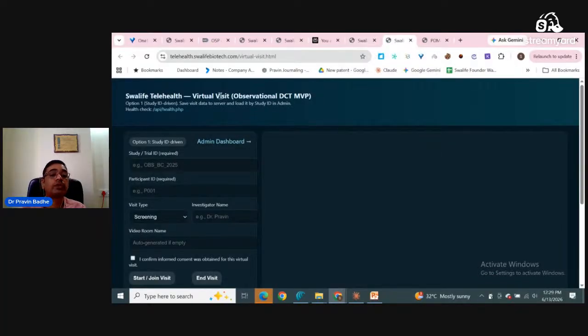Okay, I forgot to show you the Swalife telehealth also, which is for consultancy purposes. We are even using it for clinical trials, where you add the study trial ID, which is created from the protocol, the participant ID, and the screening. If you are doing screening, baseline, follow-up, and scheduling, you can do it here.